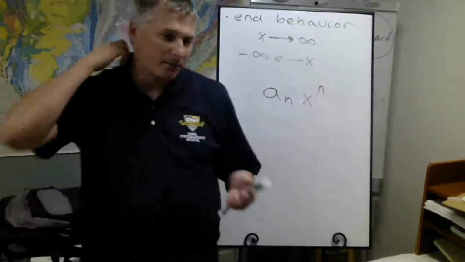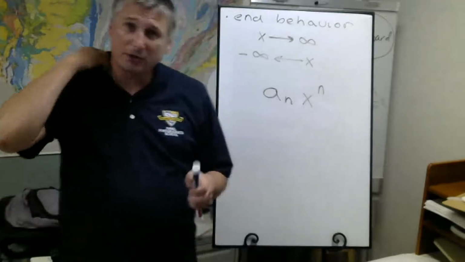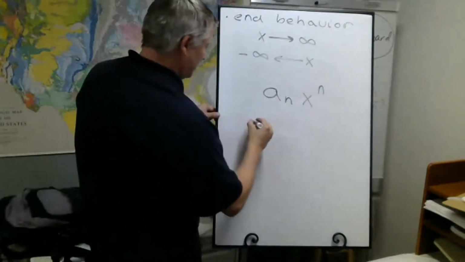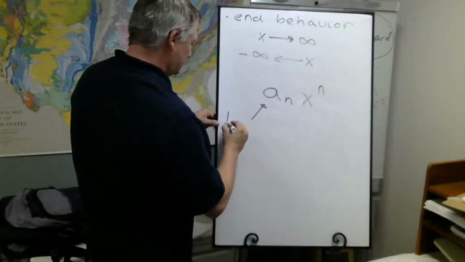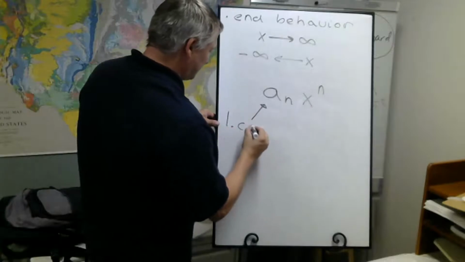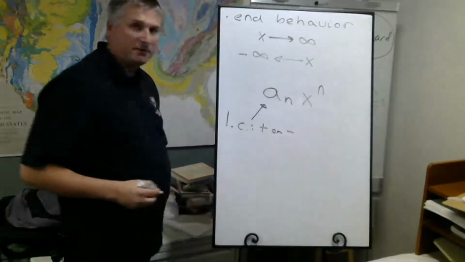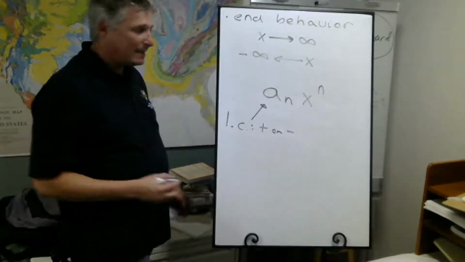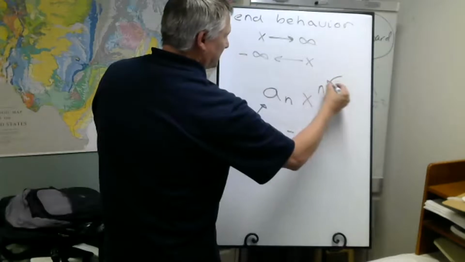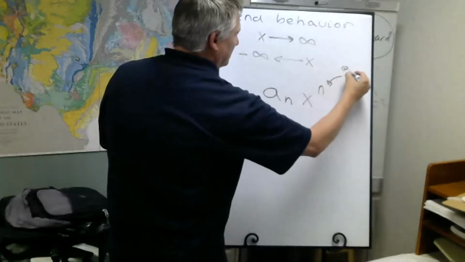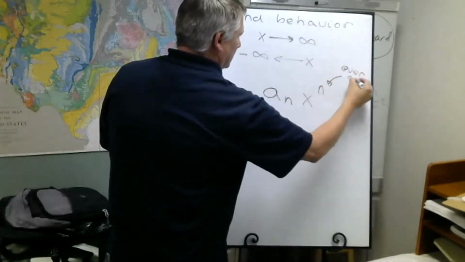And we're going to talk about what is special here. Now, the thing we're going to look for is this. The lead coefficient, I'm going to abbreviate that LC. Is it positive or negative? And is the exponent even or odd?